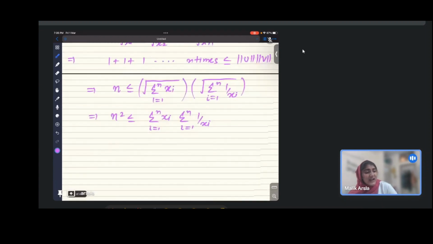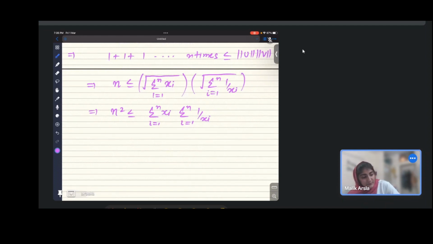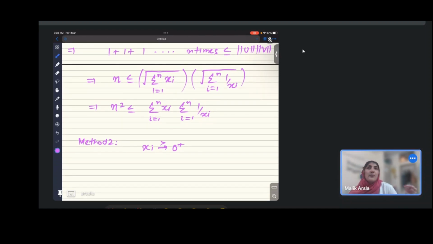So this tells us, method 2, that all xi's are positive, greater than 0. And we know for any positive sequence, you can find the arithmetic mean and the harmonic mean. What is the arithmetic mean for any sequence?